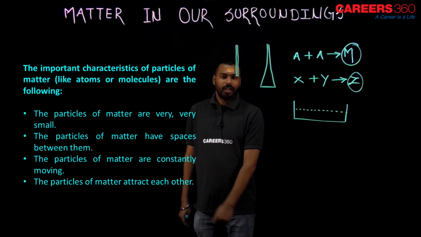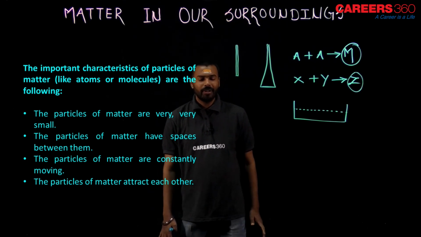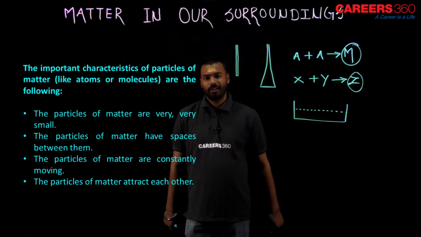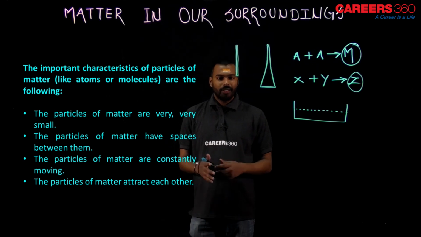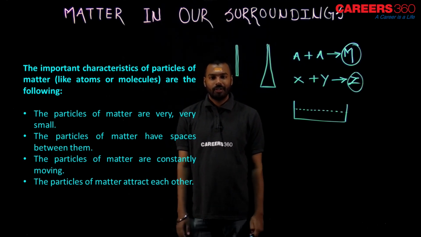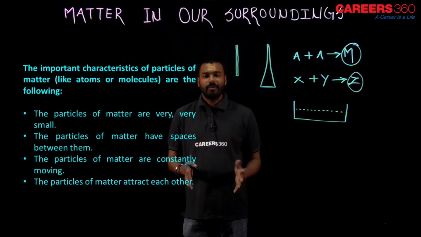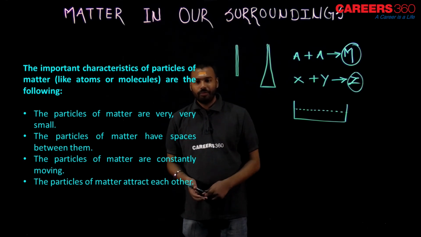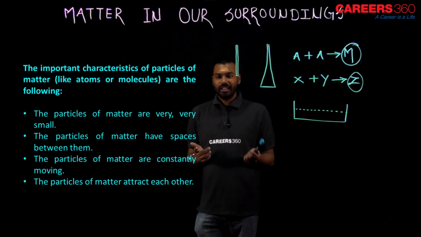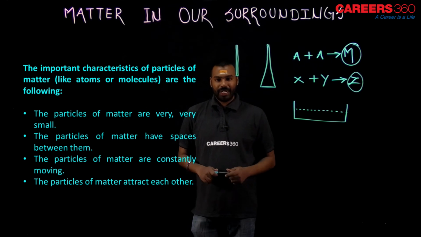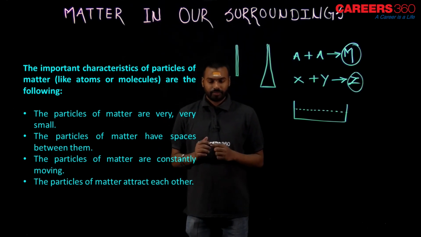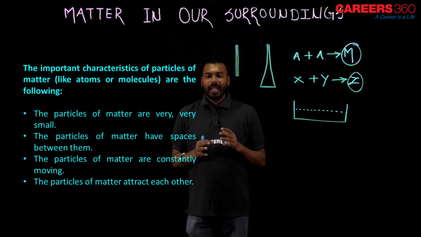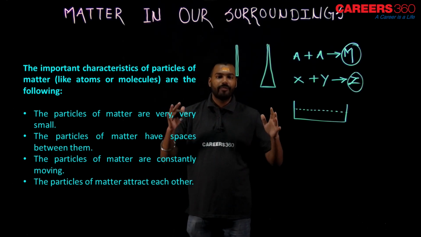Do you remember the gravitational law? What did Newton say in his gravitational law? If you don't remember, no problem. Let me explain the fourth point, how particles of matter attract each other. Any matter may have small size, or very large size.